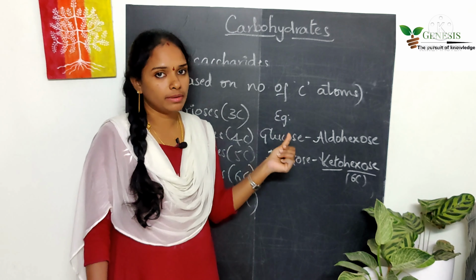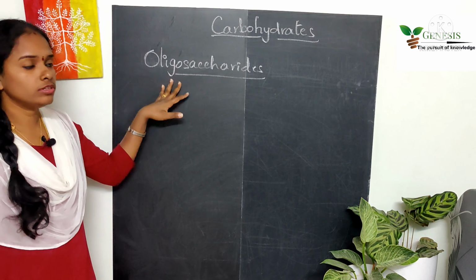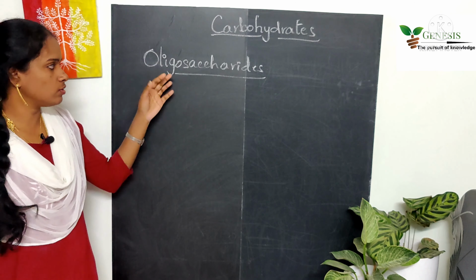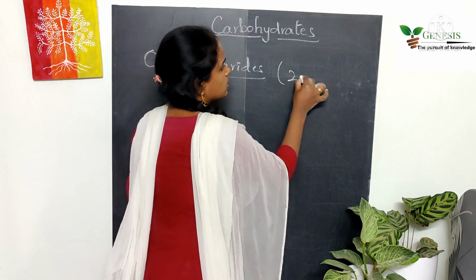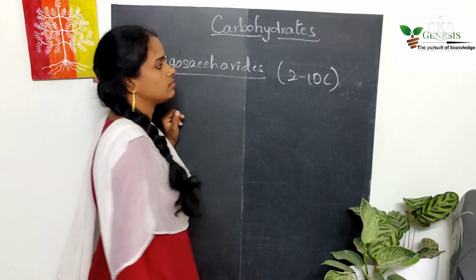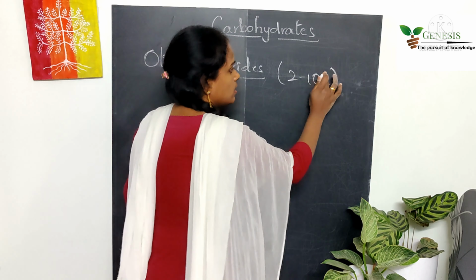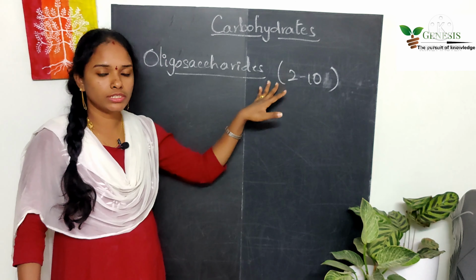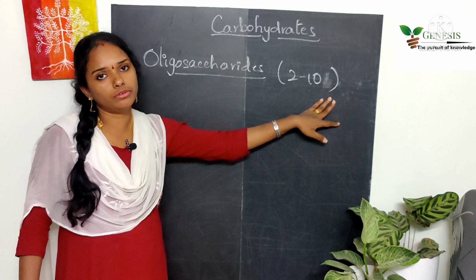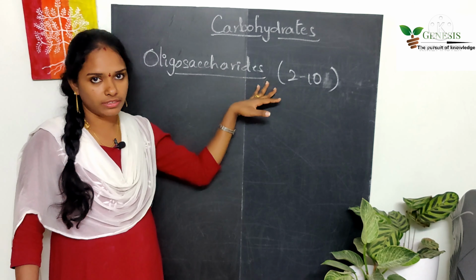Glucose is the most abundant monosaccharide. The oligosaccharides, as we have already discussed, oligo means few. So here the number is confined to 2 to 10 monosaccharide units. If the compound contains 2 to 10 monosaccharide units, those are called oligosaccharides.